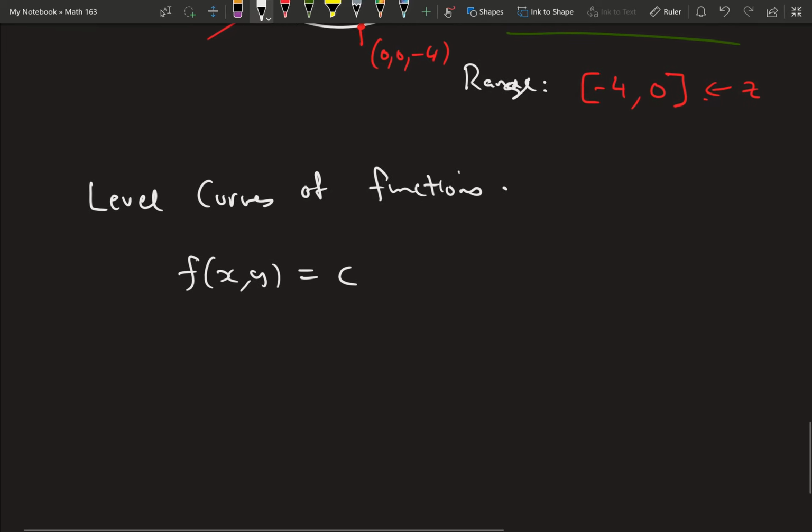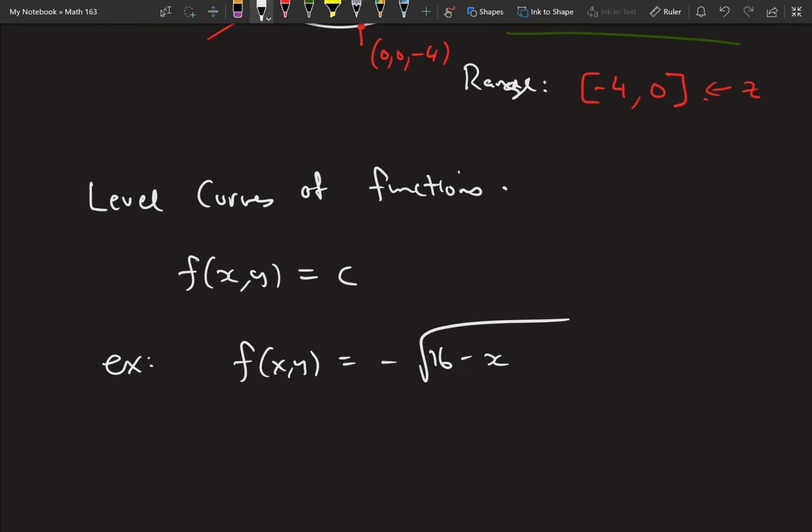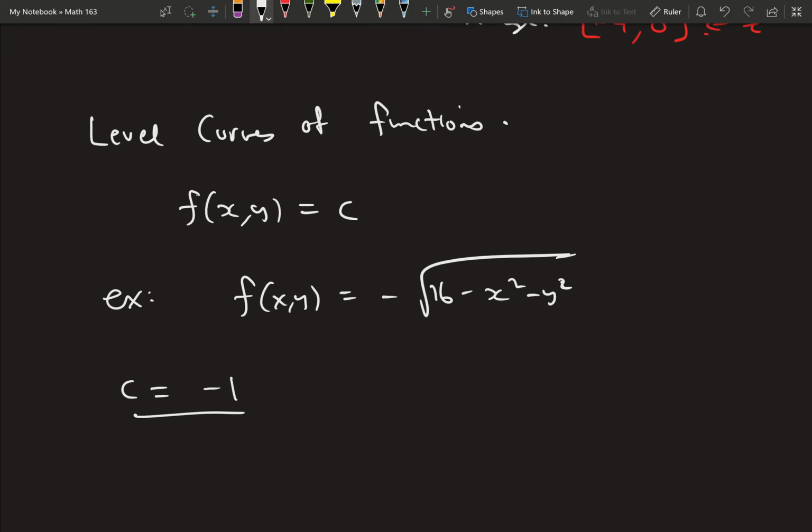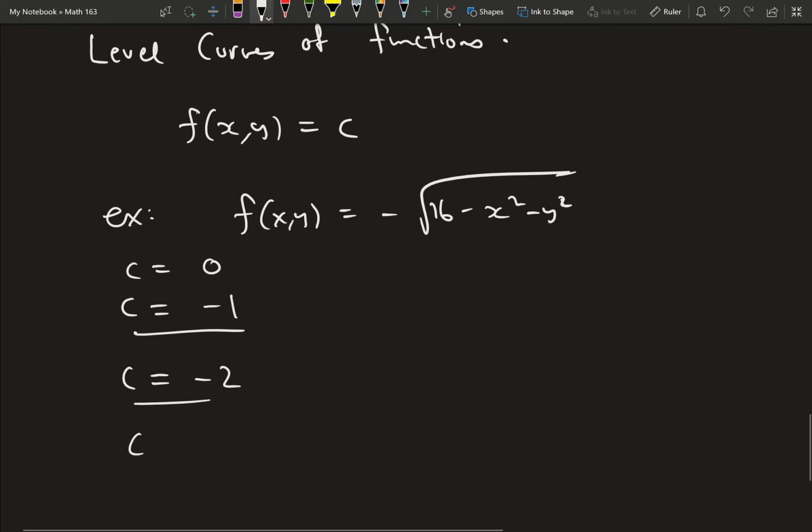So for example, in our bottom half of a sphere, let's do a couple of them. Let's set c to be 0, c to be -1, c to be -2, and c equal to -4.